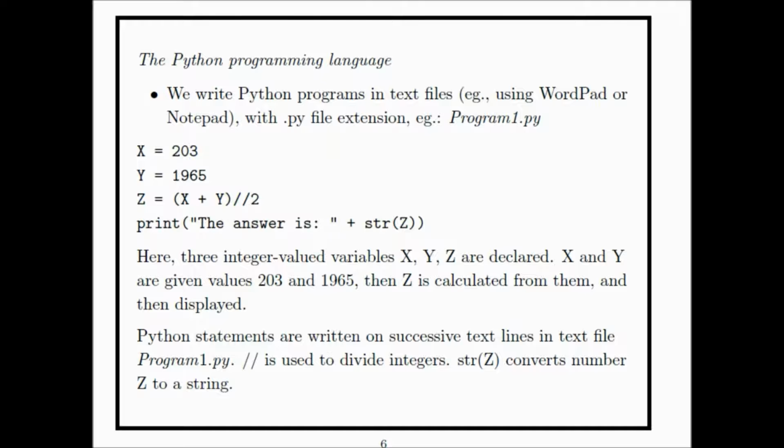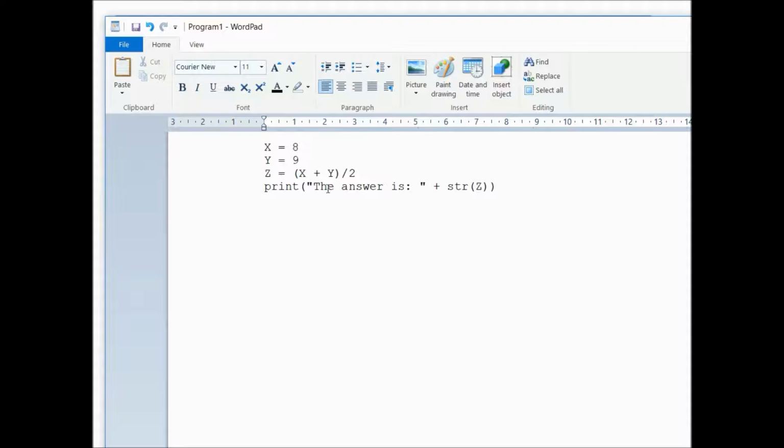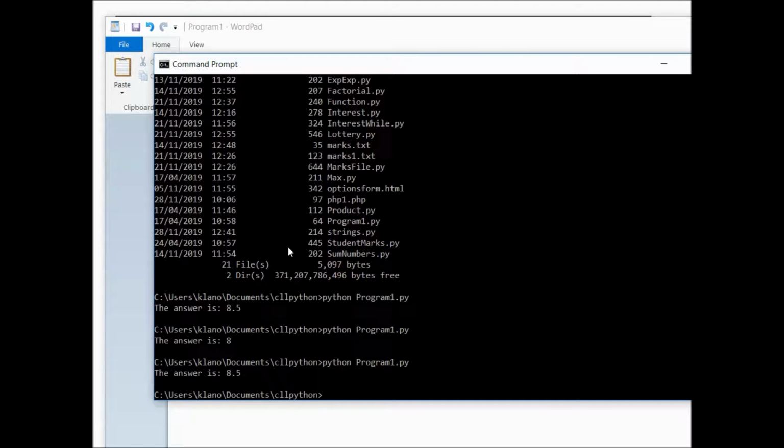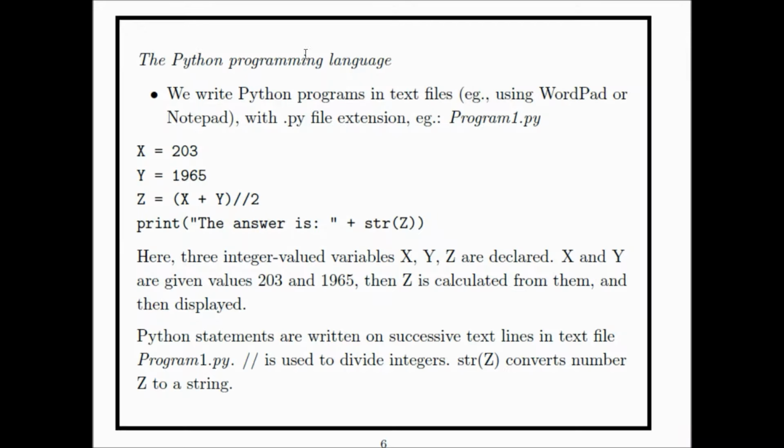So usually what we do then is keep this text file open, and we have the command window, and we run the program. And that's what programming is about. Well, that's the process anyway.